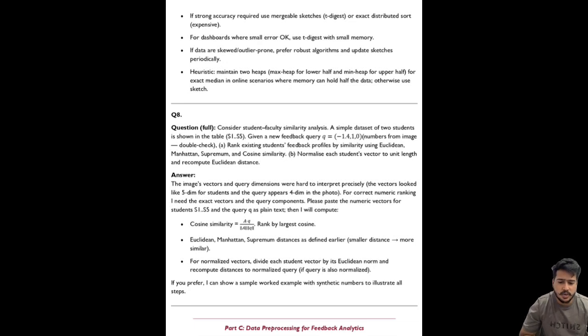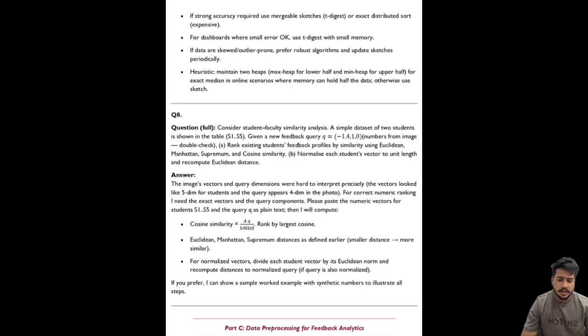The image vector and the query dimension were hard to interpret. Now we can see cosine similarity, that is A dot Q upon mod A mod Q, ranked by the largest cosine. Euclidean and Manhattan as defined.